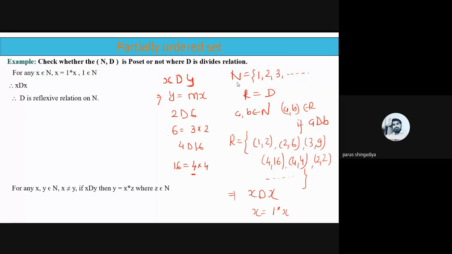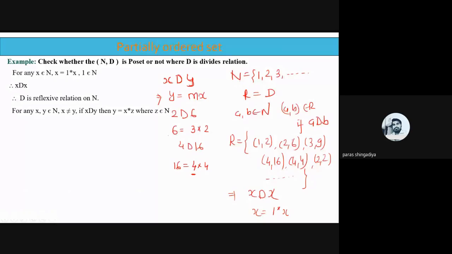And now the second one, the antisymmetric case. So let us prove the antisymmetric relation.